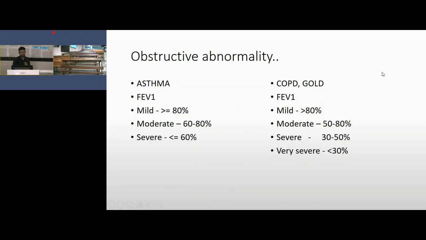For asthma it is different, and for COPD it is different. For asthma, FEV1 predicted more than 80% is mild, moderate 60 to 80%, and severe less than 60%. And in COPD, FEV1 predicted more than 80% is mild, moderate is 50 to 80%, severe is 30 to 50%, and very severe is less than 30%.